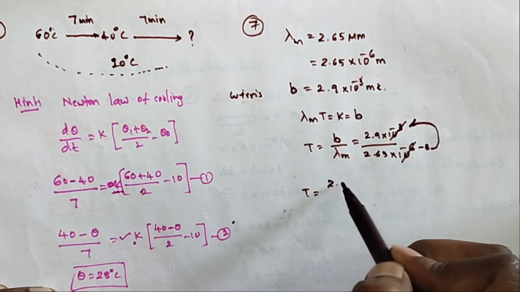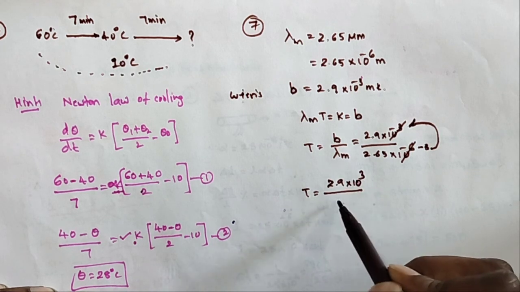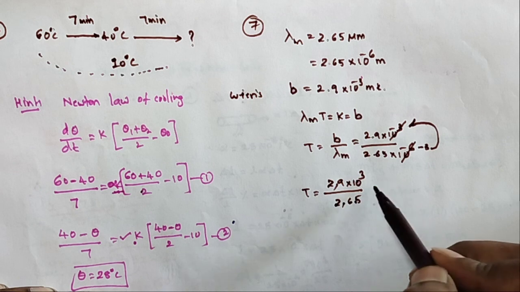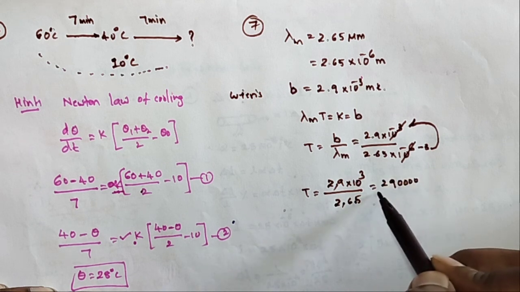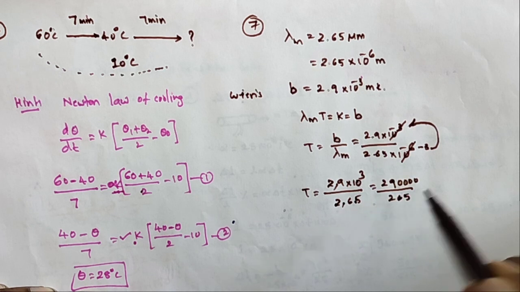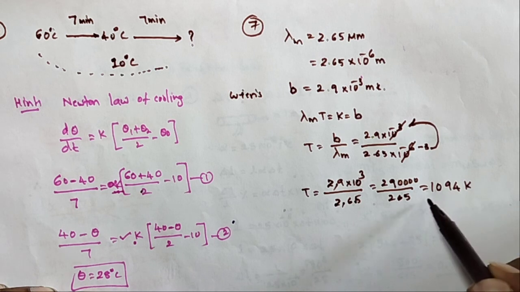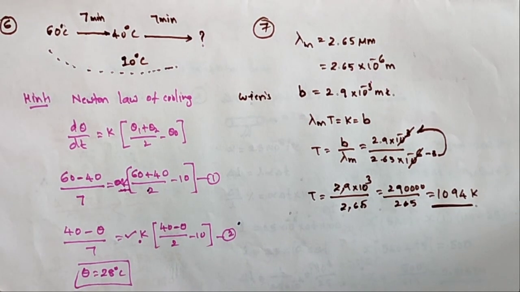That is 2.9 into 10 cube by 2.65. So finally 291,234 by 265 gives 1094 Kelvin. So this is the end of the seventh problem.